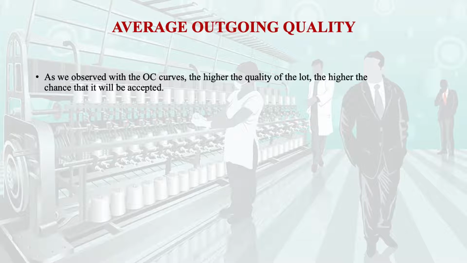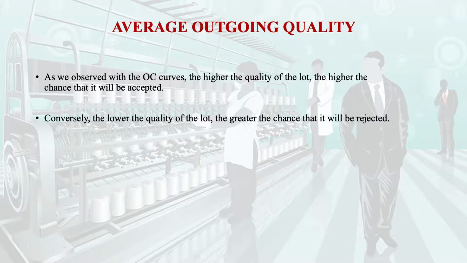Now we will discuss the average outgoing quality, in short AOQ. As we observed with the OC curve, the higher the quality of the lot, the higher the chance of acceptance.